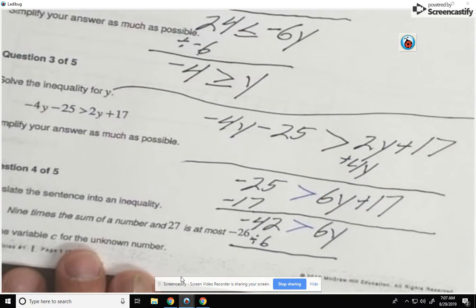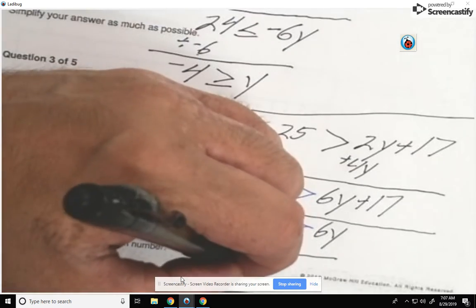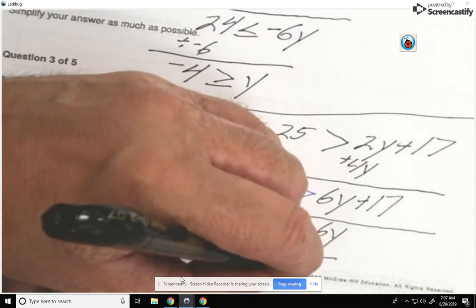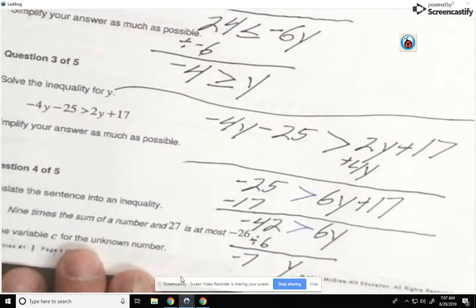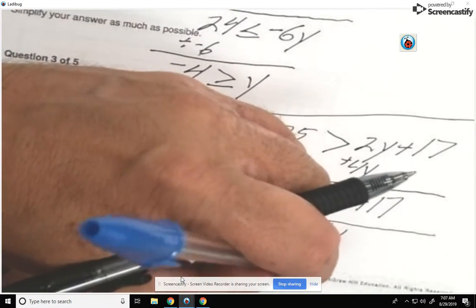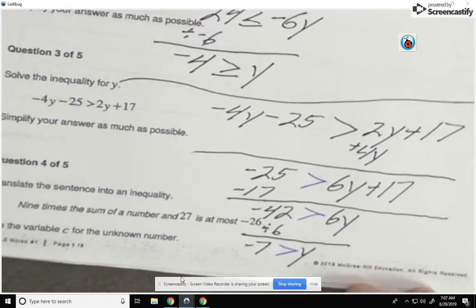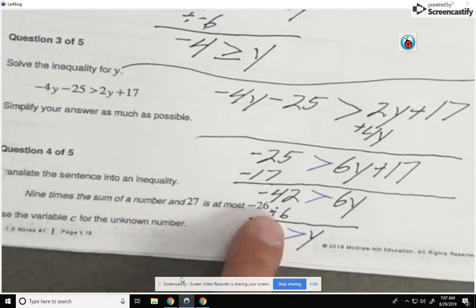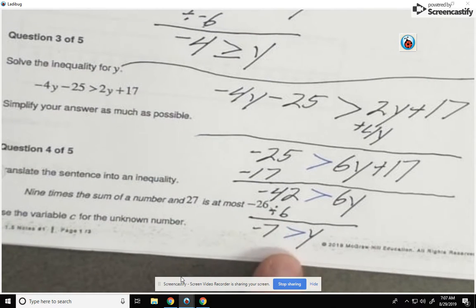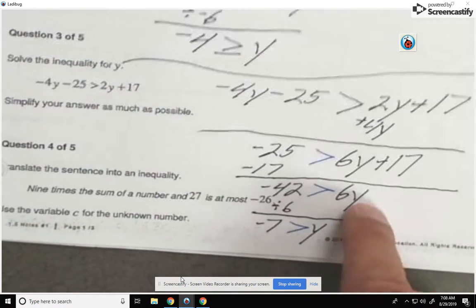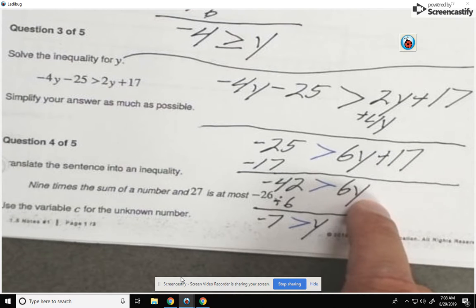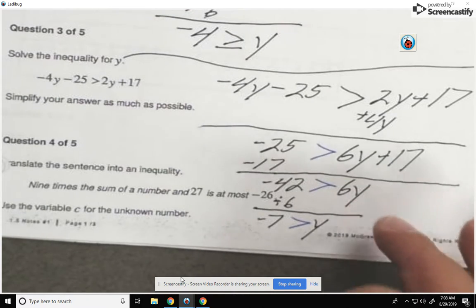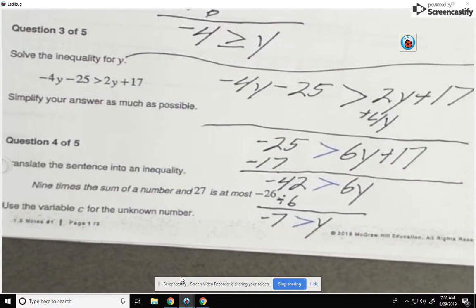So negative 42 divided by 6 will give me negative 7. Notice in this case, even though I had a negative, I did not flip my inequality symbol. That's because what I divided by was not negative. Okay? So again, it's only when the negative is on your variable that you have to flip your inequality symbol.